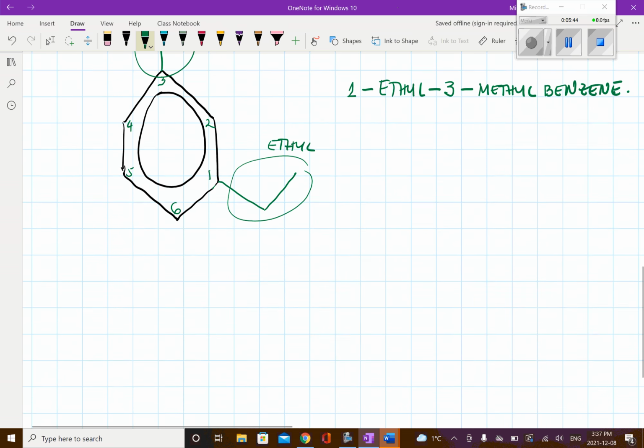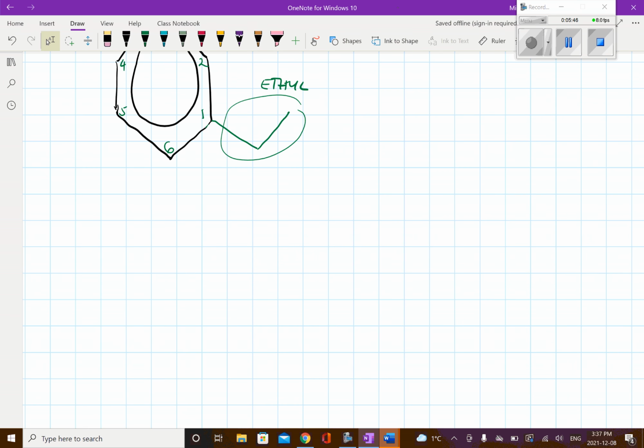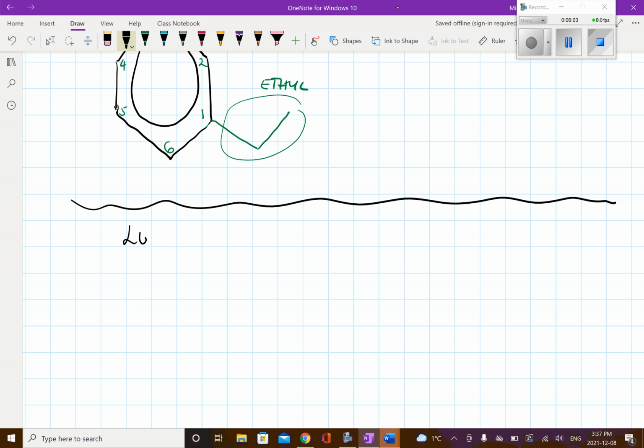Now let's see a case when the benzene ring is part of the branch. So let's suppose that the longest continuous chain has more than 6 carbons on it.